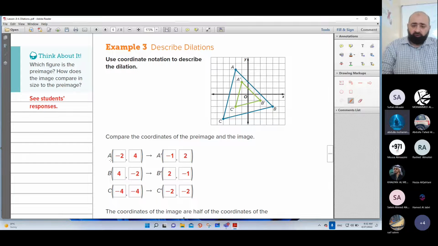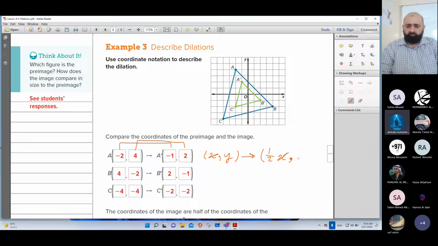If you compare A and A prime, negative 2 will be negative 1, and 4 will be 2. It means it would be 1 over 2. So (x, y) multiply x by 1 over 2 and multiply y by 1 over 2.